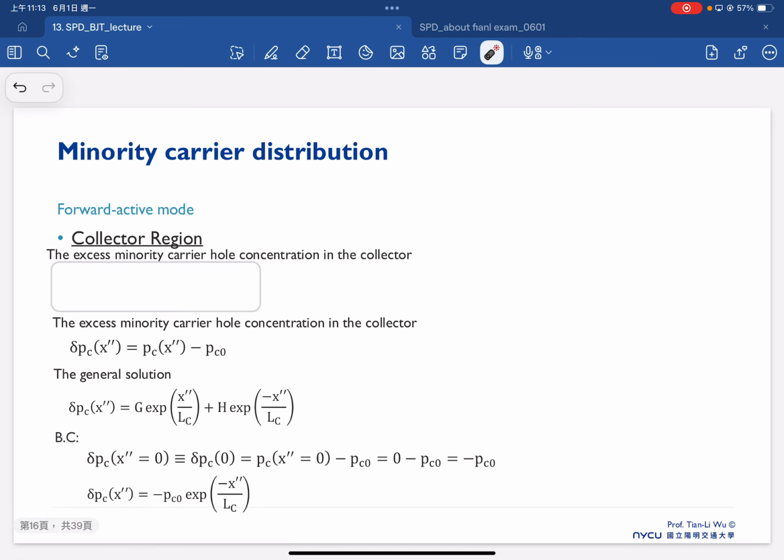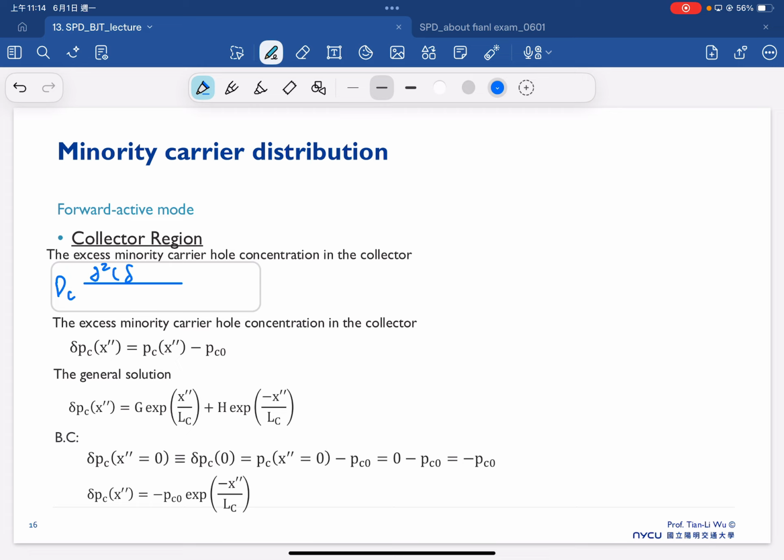The same analysis can be applied to the collector region as well. So we have DC.